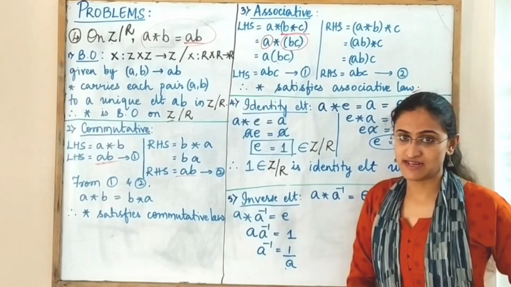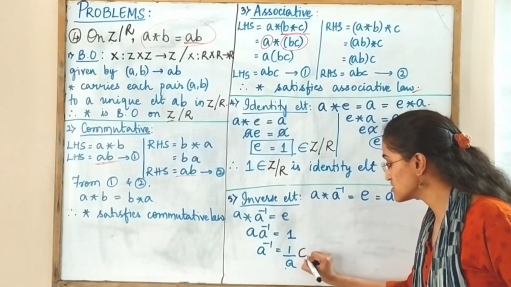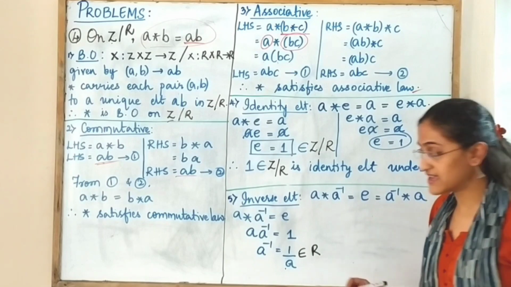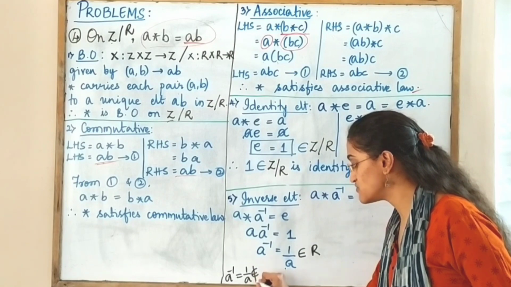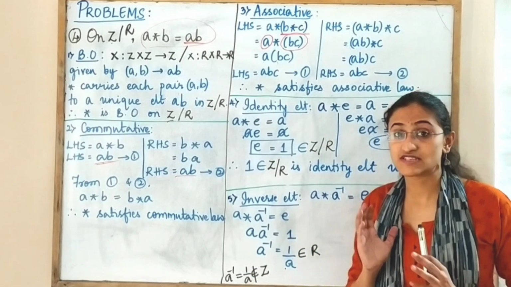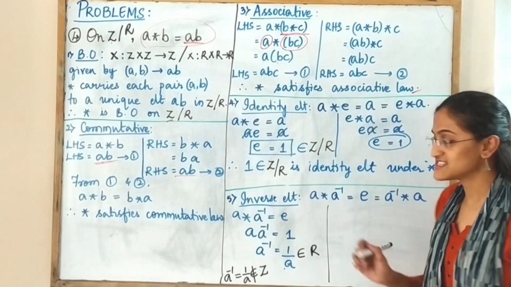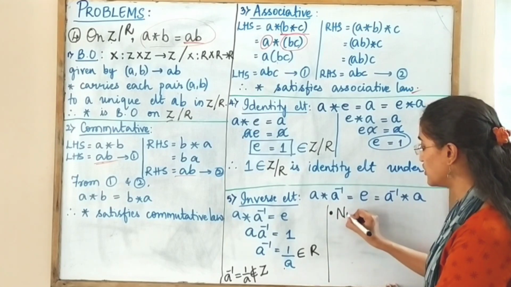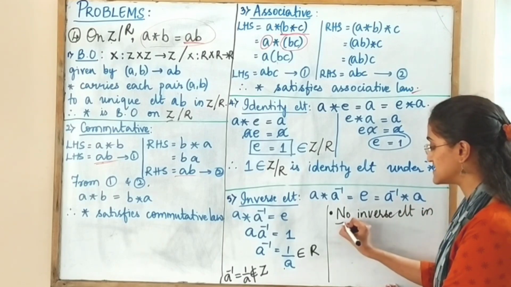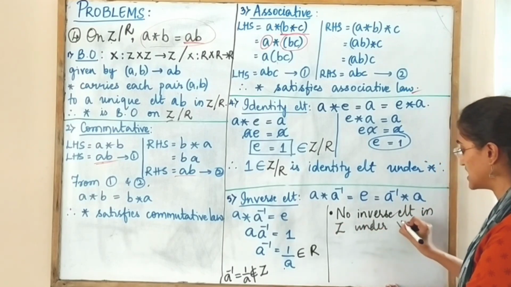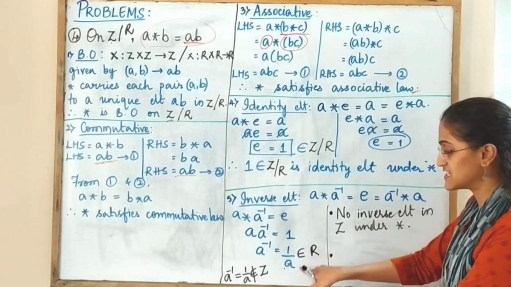Coming to the inverse element now, A inverse is equal to 1 by A. This belongs to the real numbers, and again there is a contradiction that A inverse is equal to 1 by A does not belong to the set of all integers, because in the set of integers we don't find a number of the form P by Q, and hence you can conclude that there is no inverse element in the set Z under the binary operation star, but the inverse element does exist in the set of real numbers.